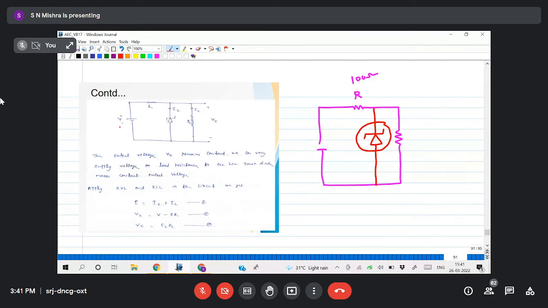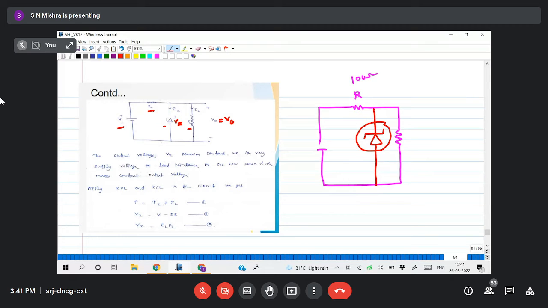This is your source voltage, this is your series resistance, this is your RL, and the Zener diode is connected here. So across RL, what will I get? Vz is equal to the output voltage, because the Zener voltage is Vz and that is parallel to RL, so I am getting V naught as Vz.